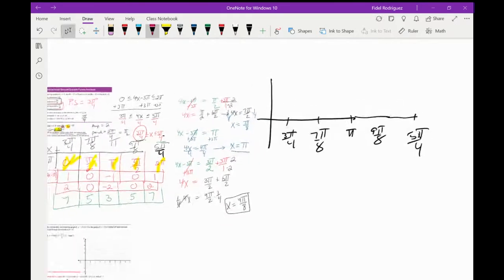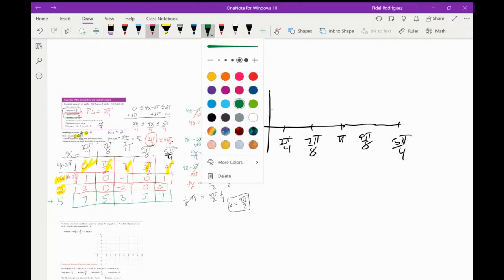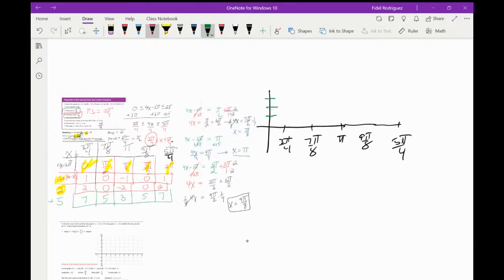So there's that part. And now all we're going to do is start plotting these numbers here. So I'm going to go up 1, 2, 3, 4, 5, 6, 7. So we start over here at 7, and we come down to 5, and we come down to 3, we come back up to 5, we go back up to 7, and there's my picture.